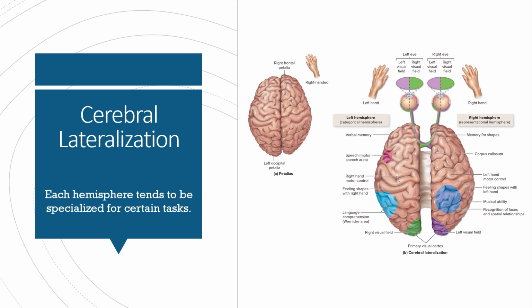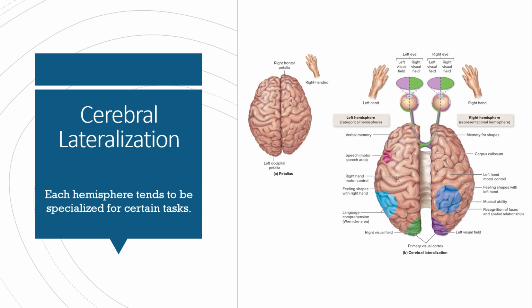Each hemisphere tends to be specialized for certain tasks. Cerebral lateralization refers to the specialization of functions between the left and right hemispheres of the brain. It's like saying each side of the brain has its own special job. The left hemisphere is often associated with logical thinking, language, and analytical tasks.